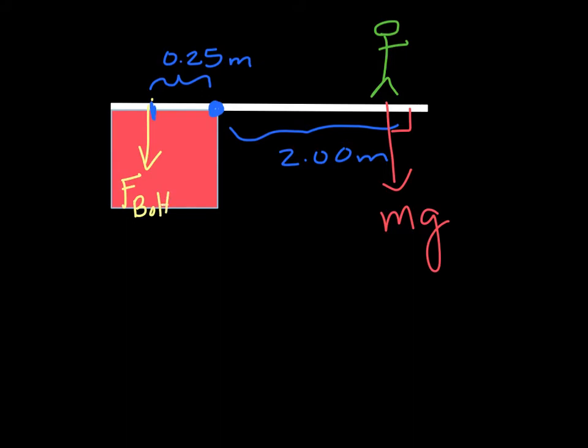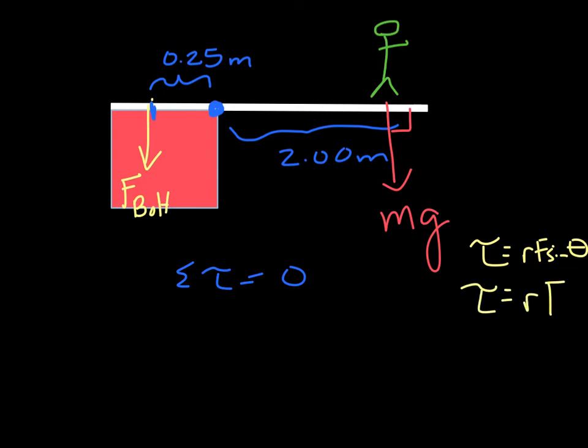of the bolt. So if we set up our torque equation, we'll say sum of torque equals 0. Now keep in mind that torque equals R F sine theta. In other words, another way of writing this is that your torque equals your R times your perpendicular component of force.